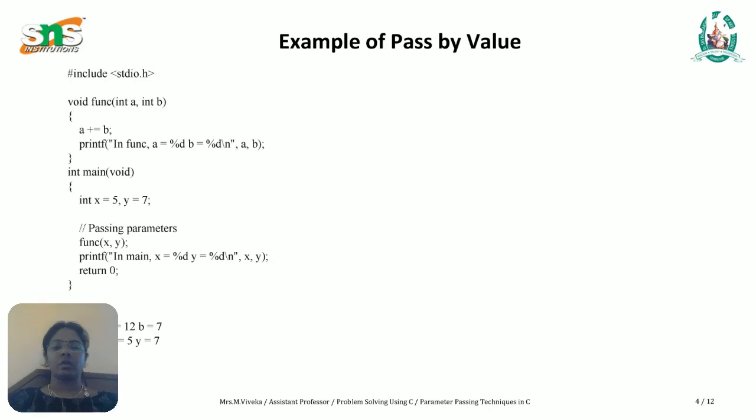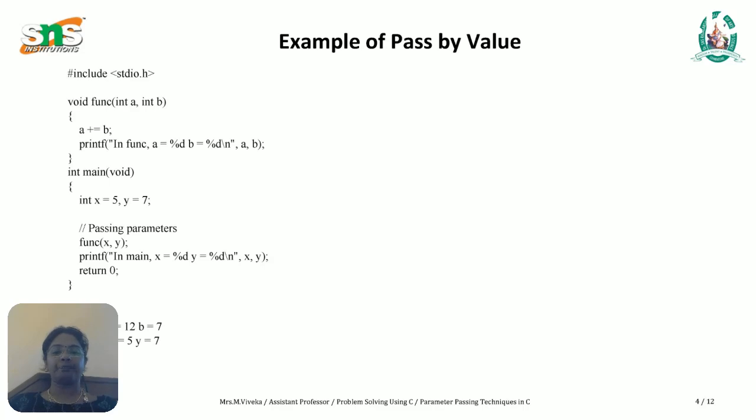So this is the passing of parameters: function of x comma y. Here we are passing x and y as parameters instead of a and b, so a and b will be replaced by the values 5 and 7. Now we are printing the values x and y.